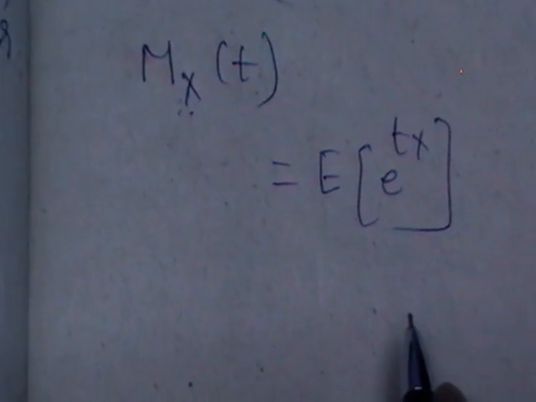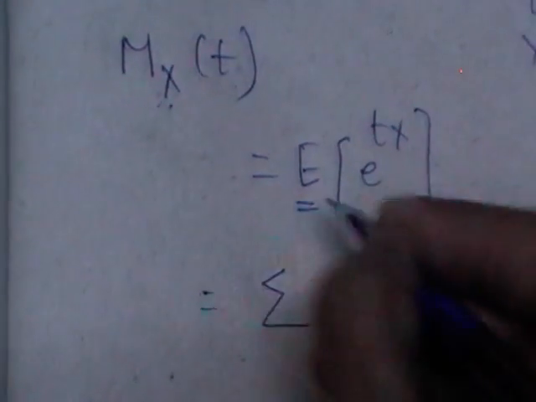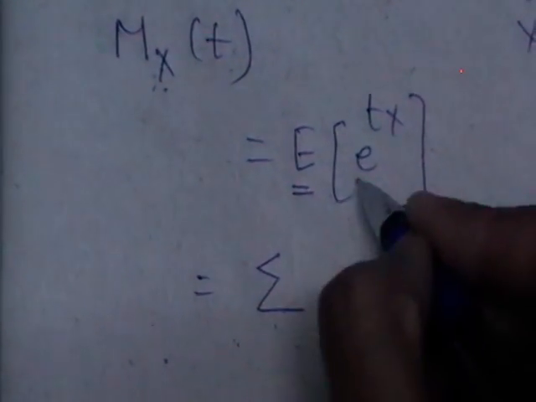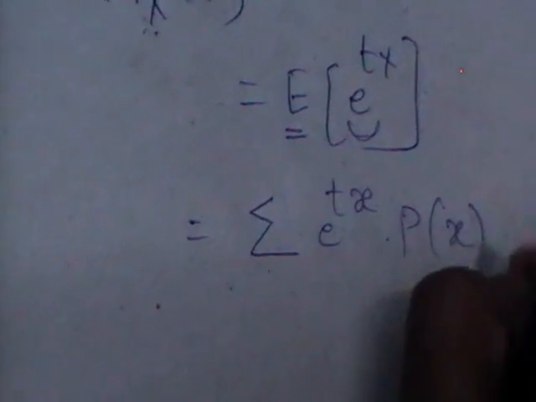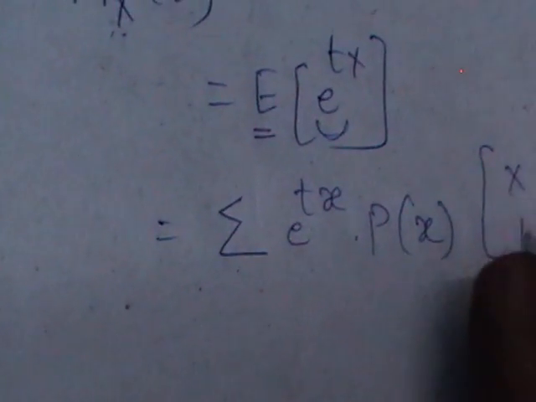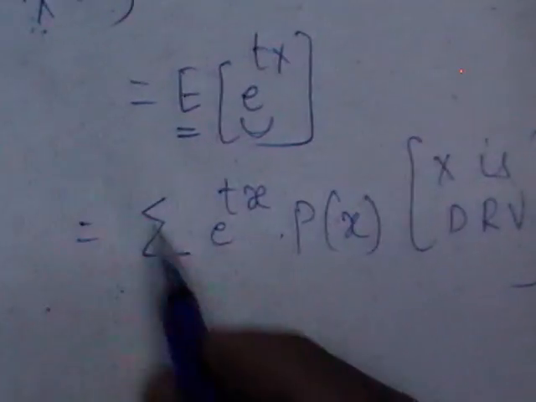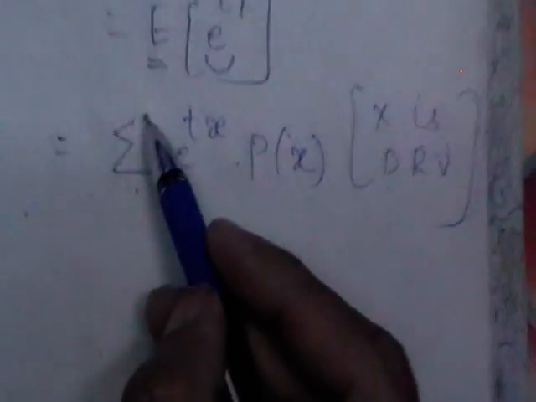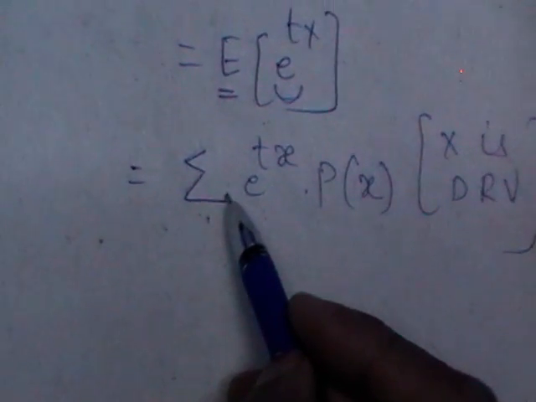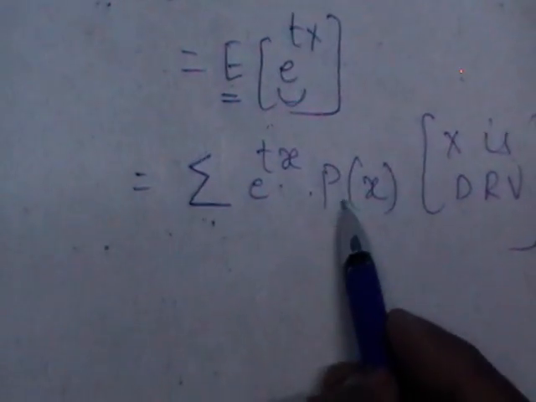You know that a random variable can either be a discrete variable or a continuous variable. So if it is a discrete variable, we know that this expectation starts with sigma, and whatever is within the brackets, you will write that and its corresponding PMF when x is a discrete random variable. Whenever x is a discrete random variable, M_X(t) is equal to expectation of e power tx, which we write with sigma e power tx into p of x.